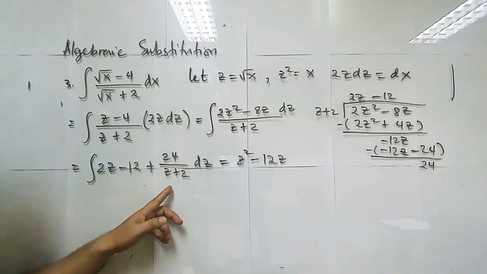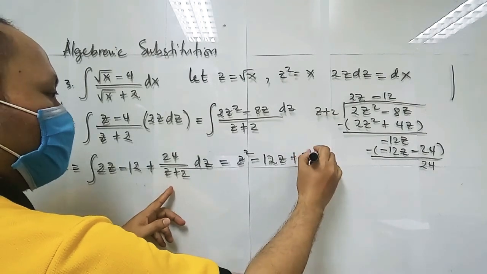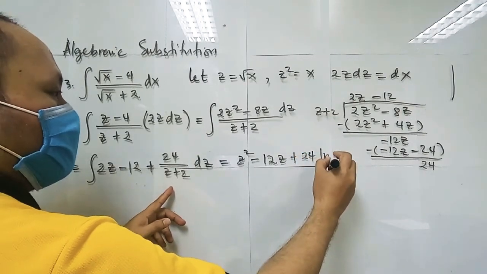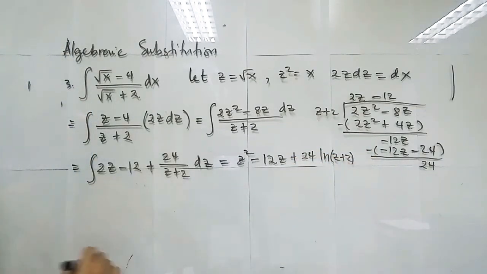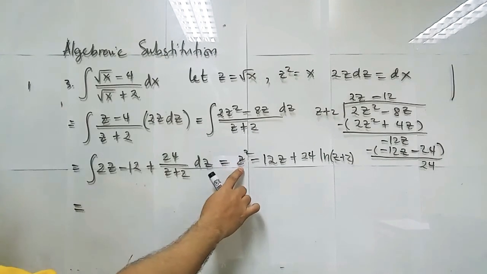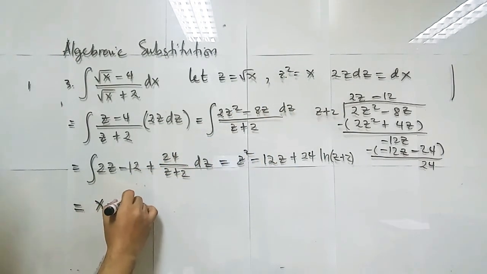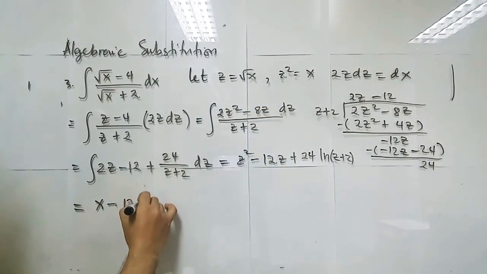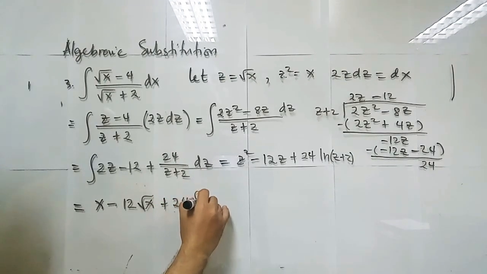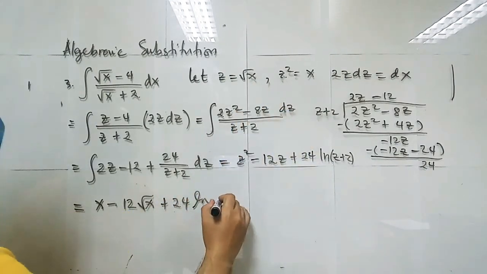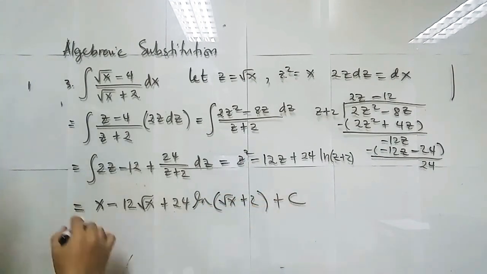So this is du over u, which is equivalent to 24 ln of z plus 2 plus c. So our final answer here, instead of z squared, that is x, minus 12 times z, where z equals square root of x, plus 24 ln of square root of x plus 2, plus c. This is our final answer.